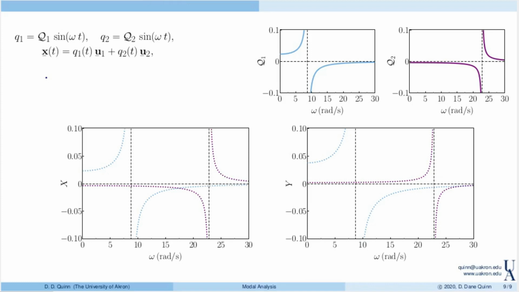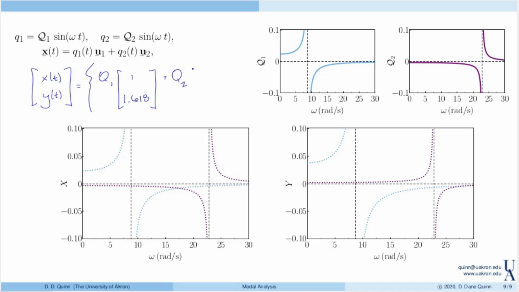So in terms of the coordinates that we've chosen, x was the displacement of block 1, and y is the displacement of block 2. And that's going to be Q1 times the first mode, which was 1.618. Again, this was the mode shape that we found from our modal analysis, or from our eigenvalue problem.